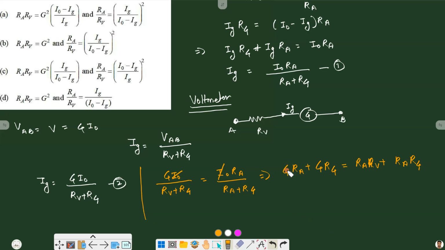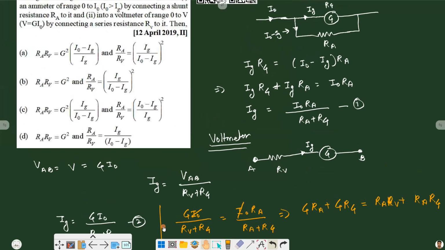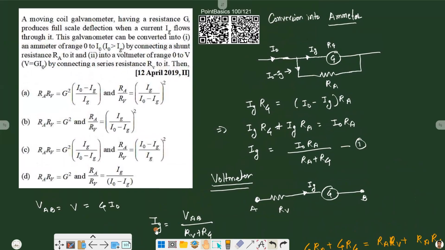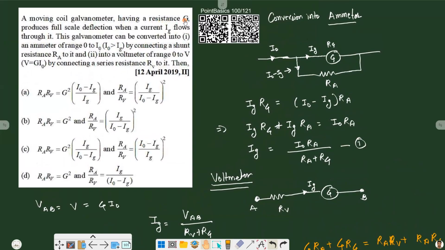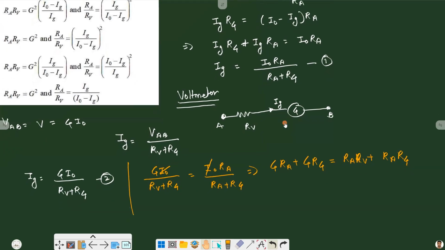Now let's find out what this G is, as mentioned in the statement. Here G is the galvanometer resistance which we have taken as Rg. So wherever we have written Rg, we can write it as G.